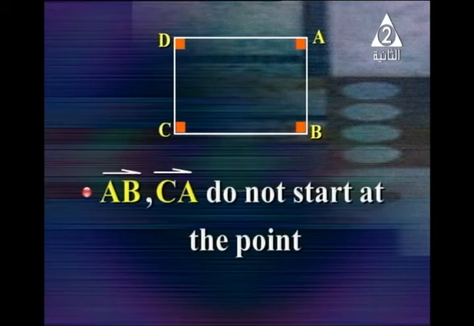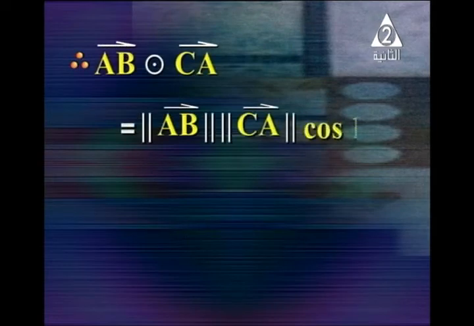AB vector and CA vector. What is the angle between AB vector and CA vector? Look, CA is a diagonal vector. The vectors don't start at the same point, so the measure of the angle between them equals 135 degrees. Why? Because the angle between AB and the diagonal CA is an external angle, cosine 135.